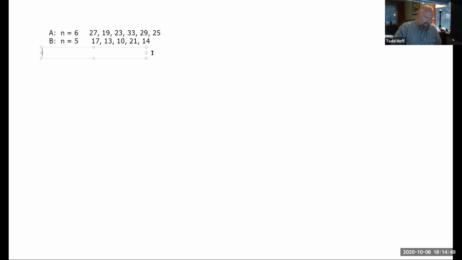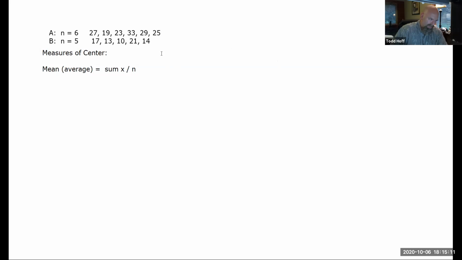So let's talk about measures of center. The first one is the mean. The mean is what we've been using since we were in elementary school, called the average. You add them up, so sum of the x's divided by n, how many there are.